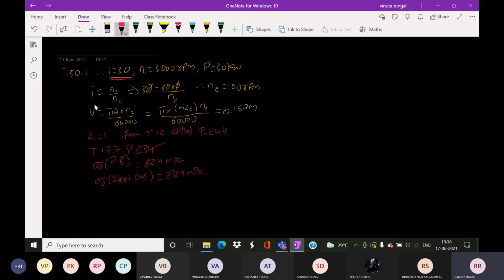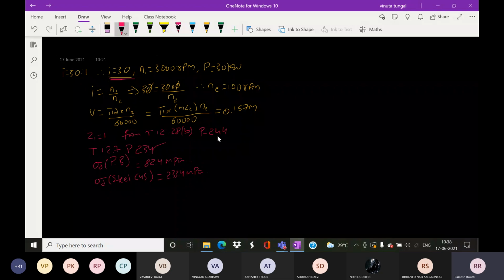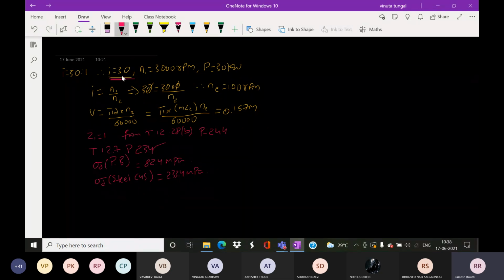This has to be written here after this. From table 12.28b, page number 244, whatever the ratio is there, if it is 20 and above, then the number of teeth on the worm we will take as 1.